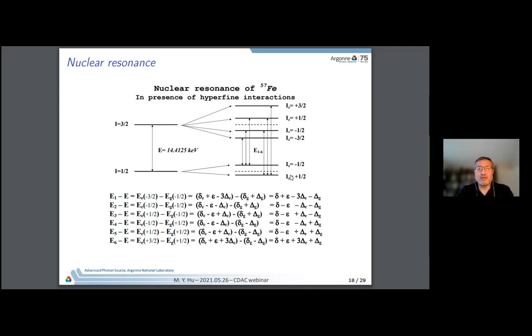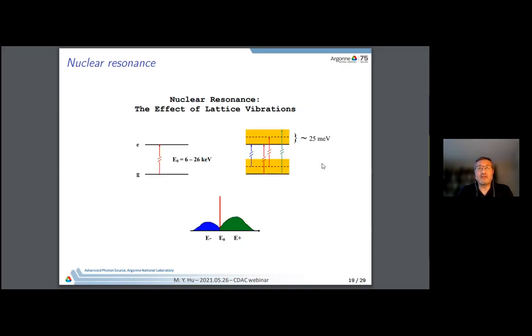When you do Mossbauer spectroscopy, you see these different energy lines. But in the forward scattering in the synchrotron case, it's in the time domain, so it's a little more complicated. But the physics is still the same, and we still use the same names for all these things.